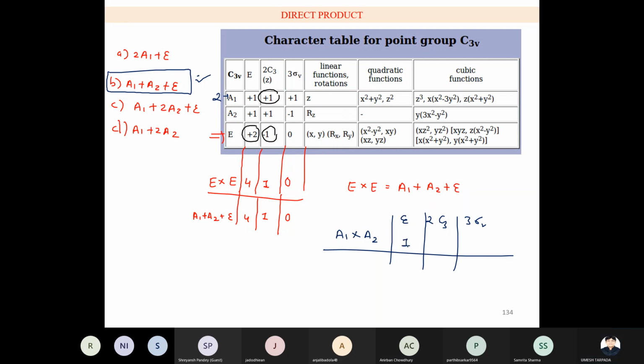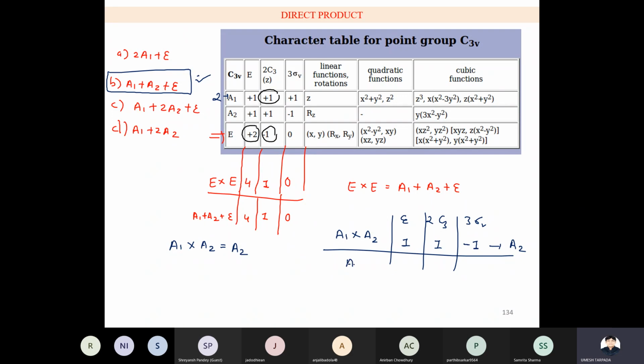What is 2C3? 1 into 1, again 1. 3 sigma: 1 into minus 1, that is negative 1. So which representation has 1, 1, -1? A2. So A1 cross A2 is equal to A2.